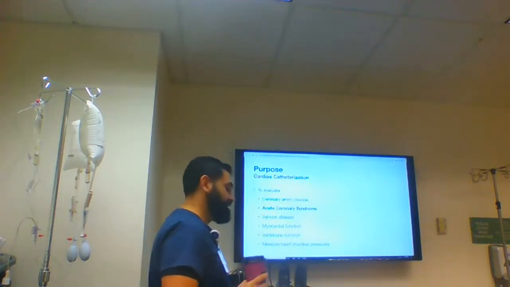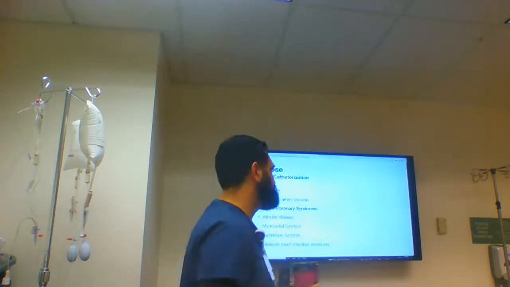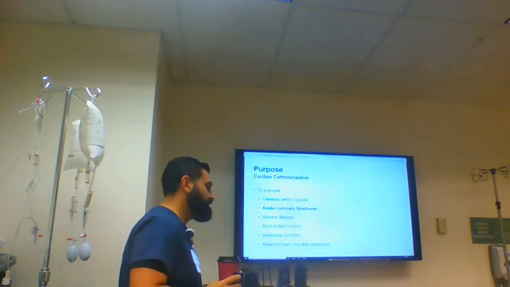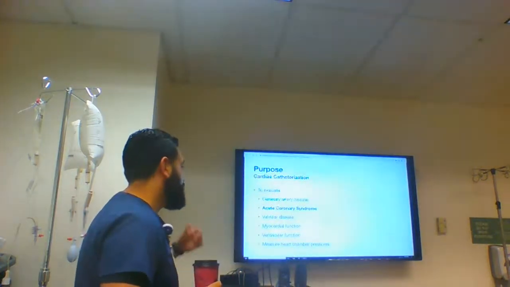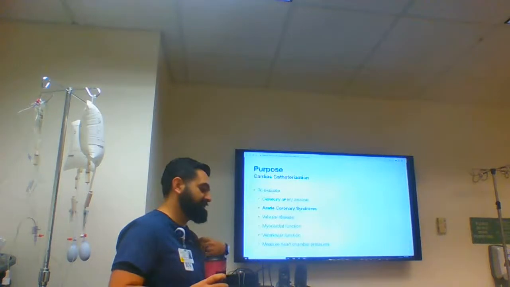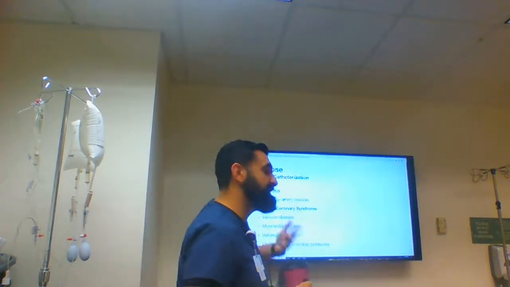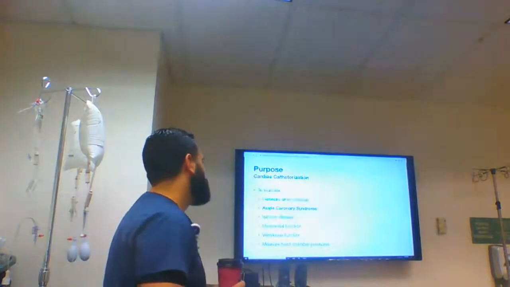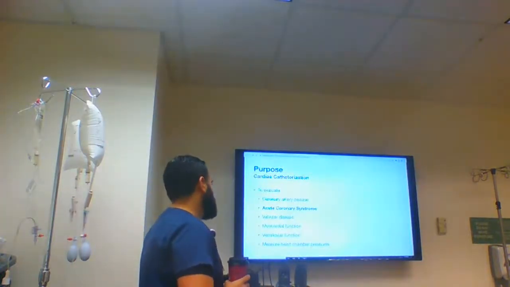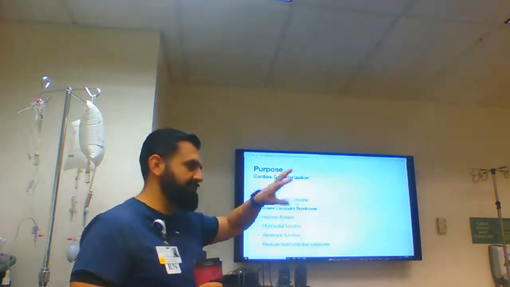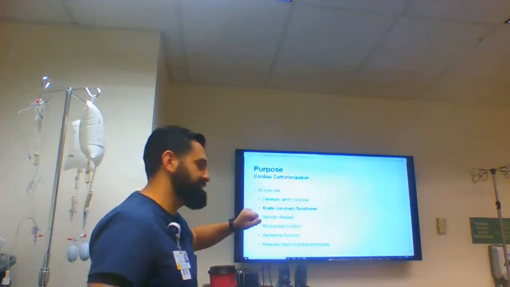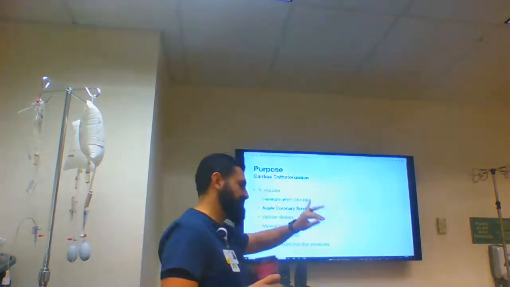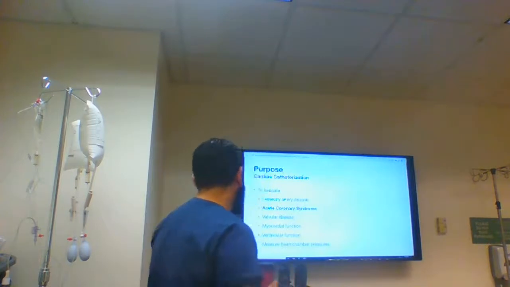If it's not giving us any symptoms, there's no real need to do anything about it. However, acute coronary syndrome is unrelenting chest pain, pain that just doesn't stop. Under the umbrella of ACS fall unstable angina, non-STEMI, and STEMI, of course.